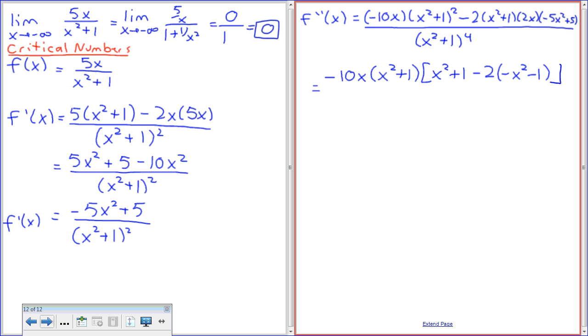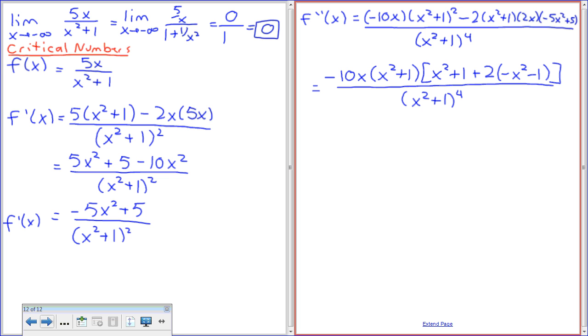Is that right? Did anyone get this far yet, other than me? I did 10 because there's a 5 you can take out here as well. That's why I took out 10. Yeah, I made a mistake, go ahead.